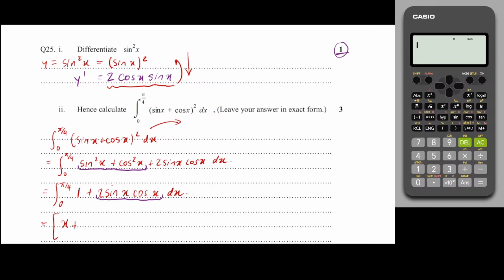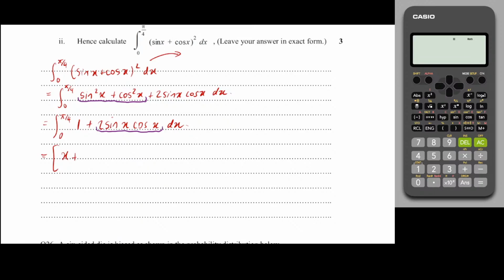We've differentiated to get this solution, and in fact, it's equal to sine squared x. So when I integrate 2 sine x cos x, that's just equal to sine squared x, going from 0 to pi on 4.